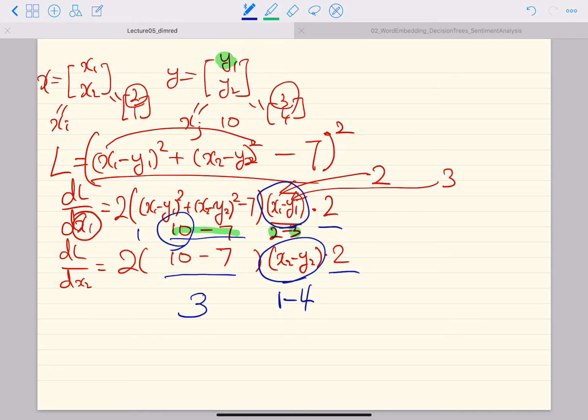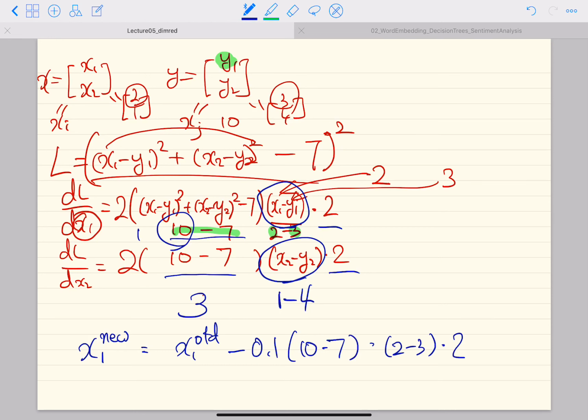So we take the negative sign over here when adding some amount to the original value of x1, right? So x1 new is x1 old minus some step size, and this term, 2 minus 3 and 2, and the x2 new.